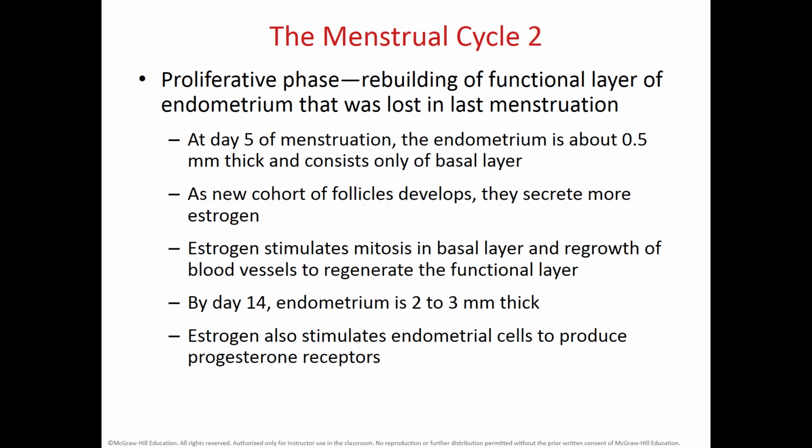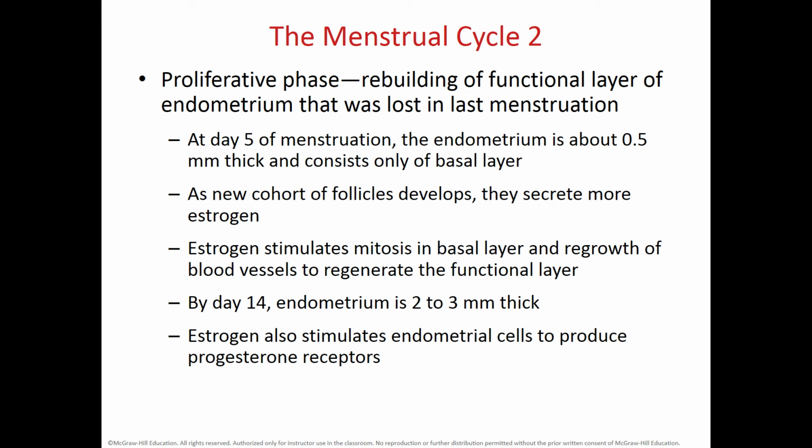So, changes that happen during the proliferative phase. You have rebuilding of the functional endometrium that was lost in menstruation. At day 5, your endometrium is about 0.5 millimeters thick, and it has only the basal layer. Then, under the influence of estrogen, which is a growth hormone, you have mitosis of this basal layer, so you start having regrowth of the functional layer and also the blood vessels.